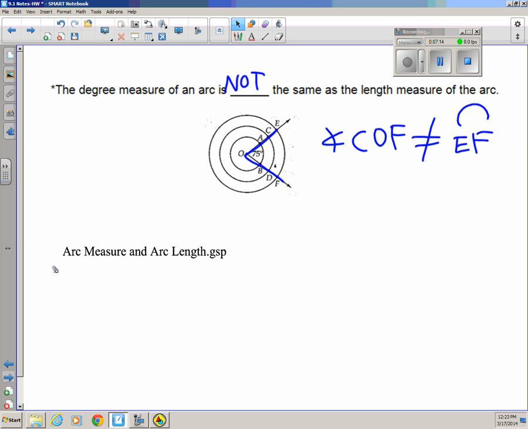And think about it, right? If you're going to measure an angle, you're going to measure it in degrees. If you're going to measure the length of something, you're going to measure it in centimeters, inches, whatever it might be. So let me just show you a quick sketch pad here.